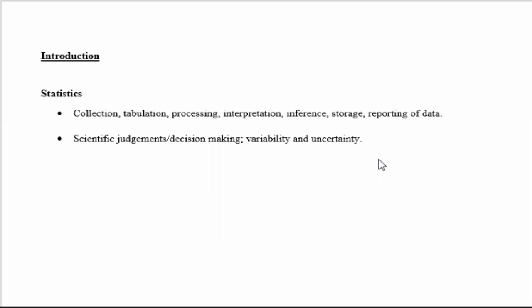So this is about the importance and use of statistics in management, and as I told you, not only in management but all fields of academic interest as well as professional. Statistics is everywhere, and it helps in making judgments and decision making by taking care of variability and uncertainty.